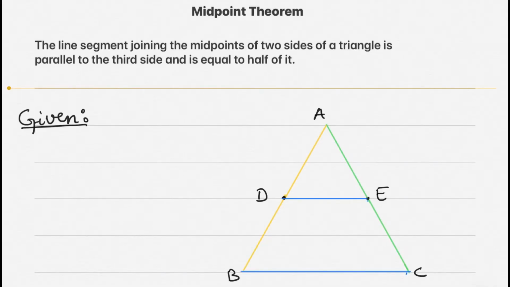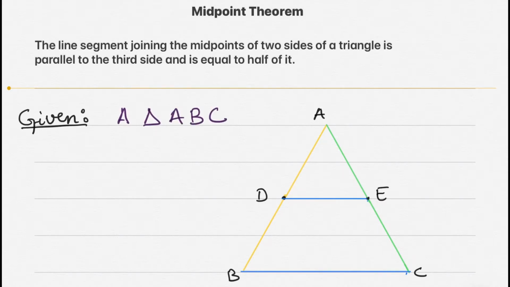Now, if we have to prove anything, there are certain steps to follow, right? So first we have to write down what is given to us. So what is given here? There is a line segment which is joining the midpoints of two sides of a triangle, right? So we are given a triangle ABC, right?